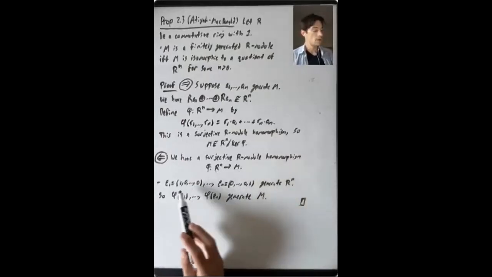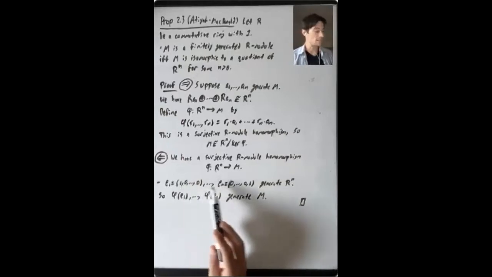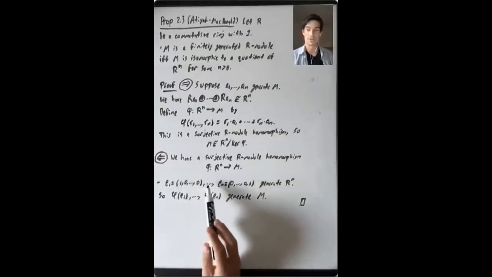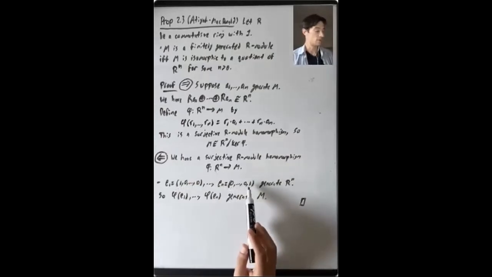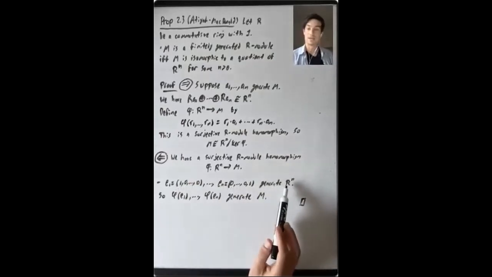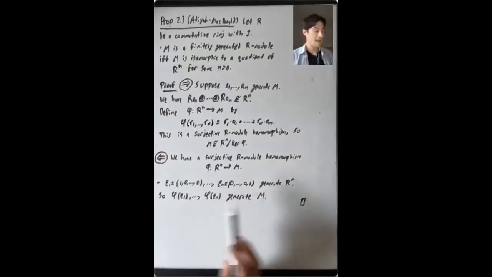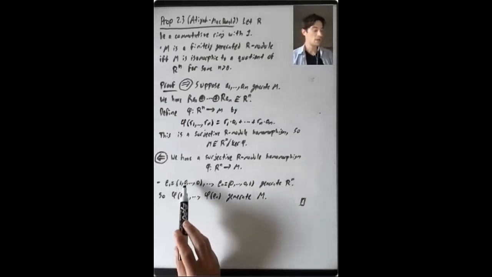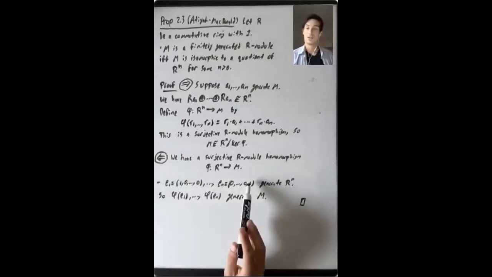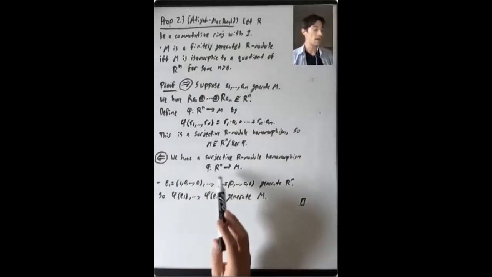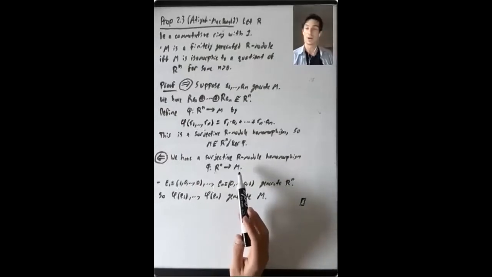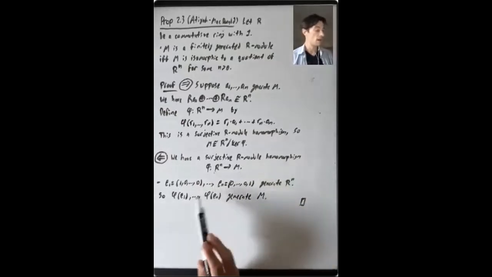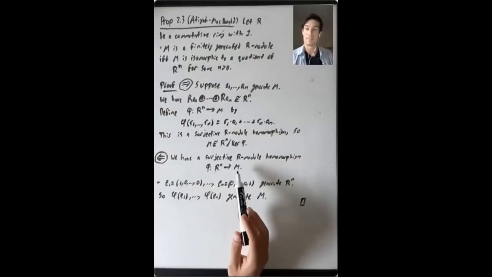So if we take the standard basis vectors e1, e2 up to en, (1, 0, 0, ..., 0), up to (0, 0, ..., 0, 1), these generate R^n. And it is easy to check that the image of this generating set under this surjective R module homomorphism must give a generating set of M.